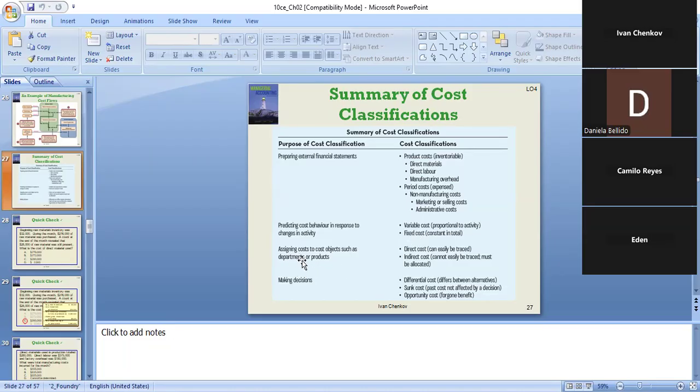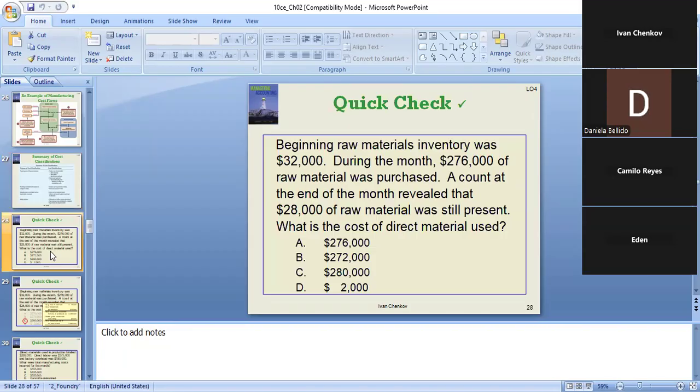The way we are assigning the cost to the cost object, we're going to have direct cost and the indirect cost. And for the decision making, we're going to have all the different options for the costs. So now let's go to one a little bit complicated assignment and see how we're going to deal with this.